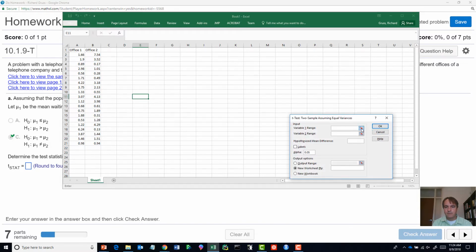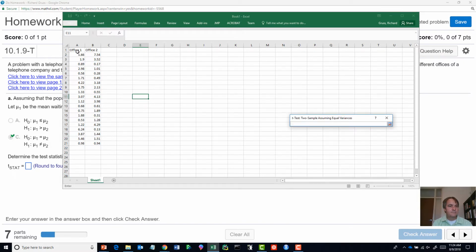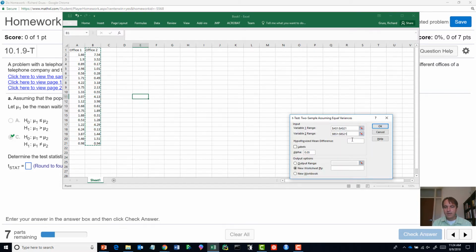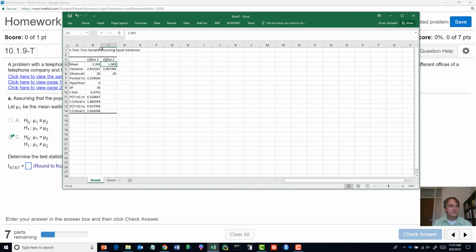Okay, we're going to put office 1 here and office 2 here for our second variable. Okay, and because it's a 2-tailed test, and we're including the case of equality, it's going to be 0, the hypothesized mean difference. We did include the labels in our select, and we were told to assume an alpha of 0.05. Okay, so we've done the t-test.